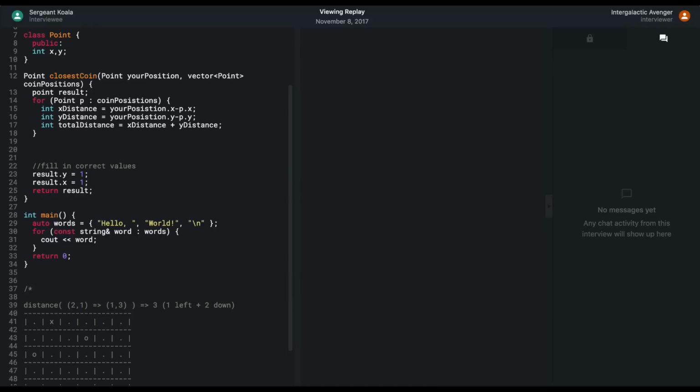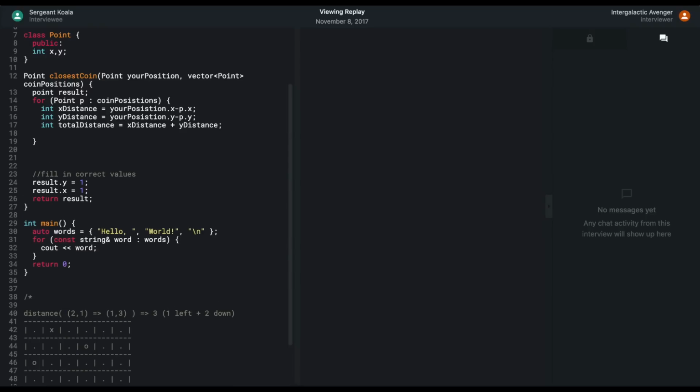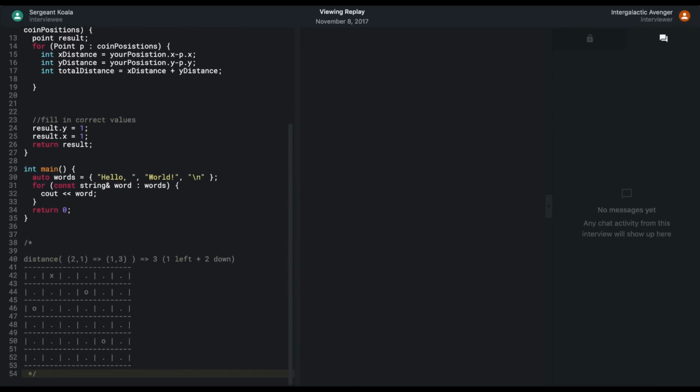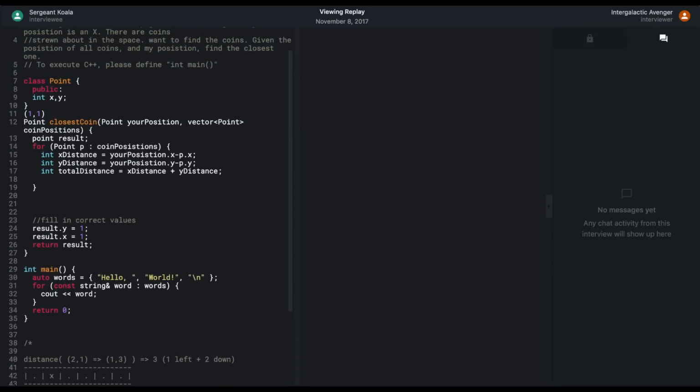Now that we've got the total distance, we'll start out by thinking about what happens if I subtracted the other way. So for example, let's take an example where I'm at 1, 1, and the other one's at 3, 3. That would give us a negative number for each of them, and we don't want a negative distance.